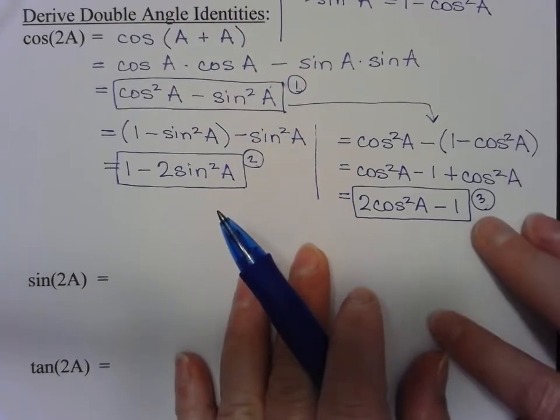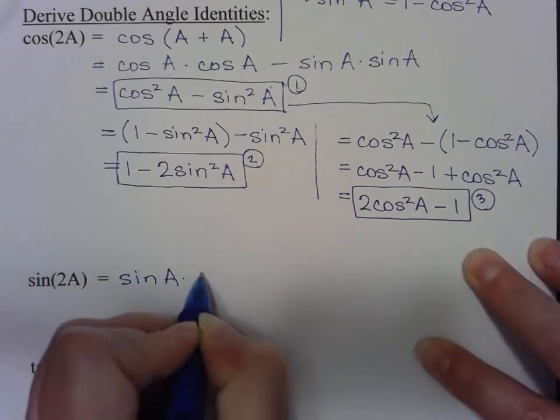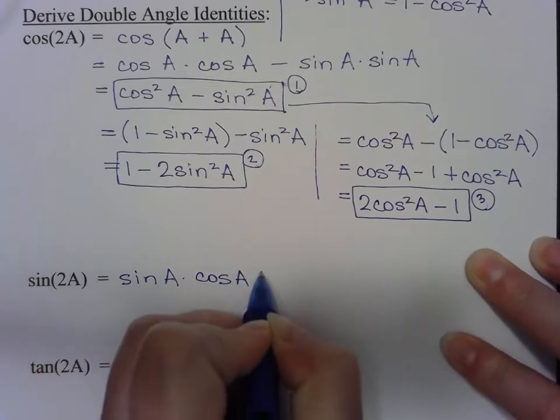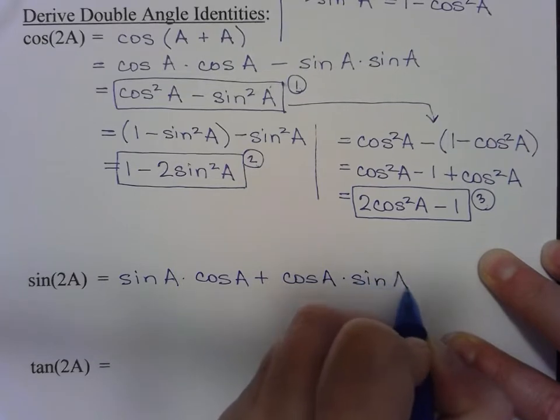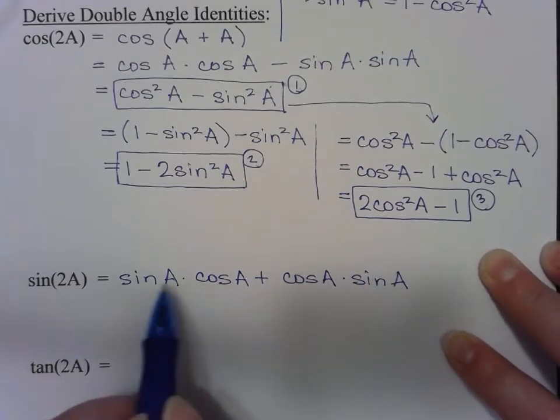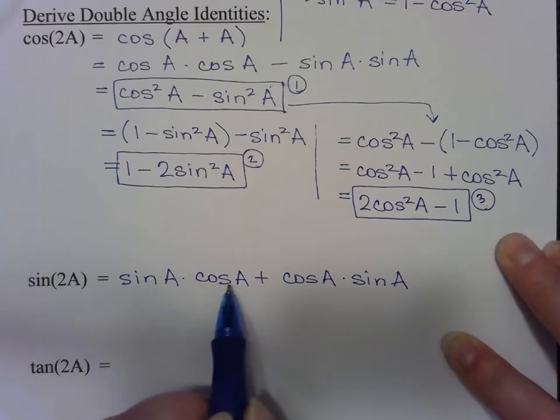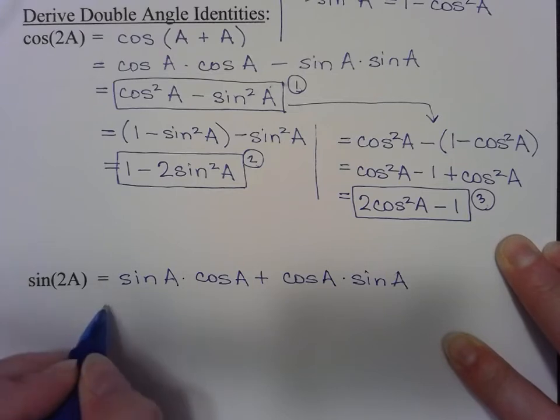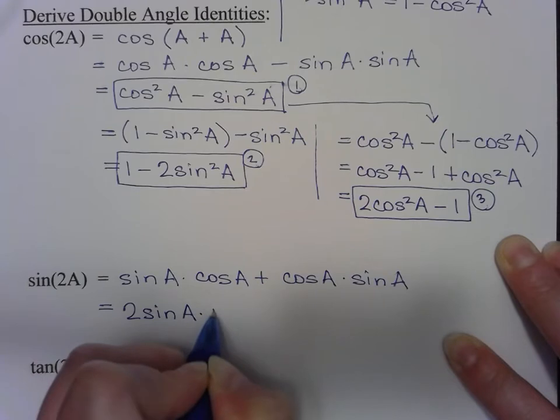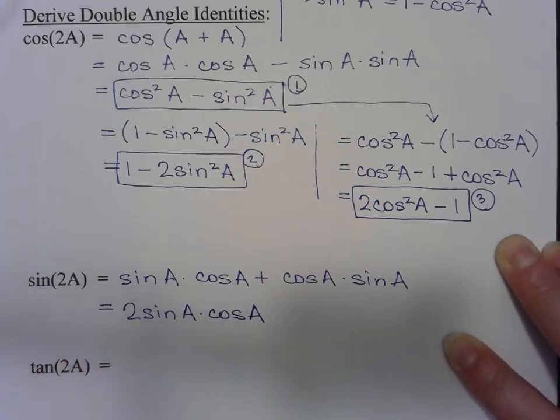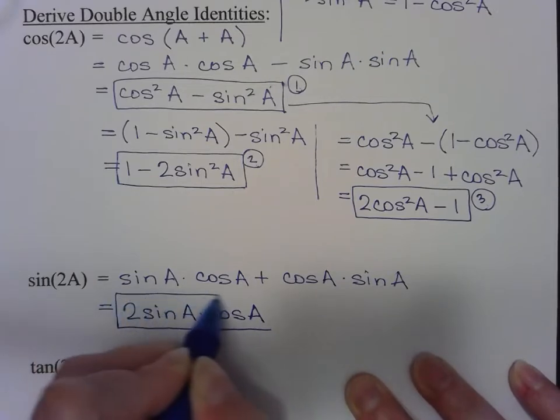So we're going to end up with sine of A times cosine of A plus cosine of A times sine of A. This is commutative, so we can reverse them so that they match. Really, we just have 2 of these: 2 times the sine of A times the cosine of A. So this is the double angle formula for the sine.